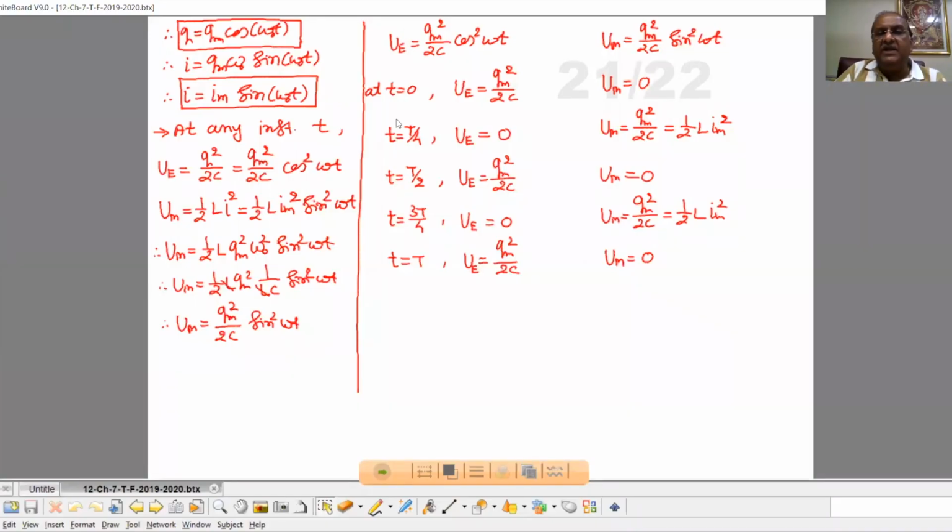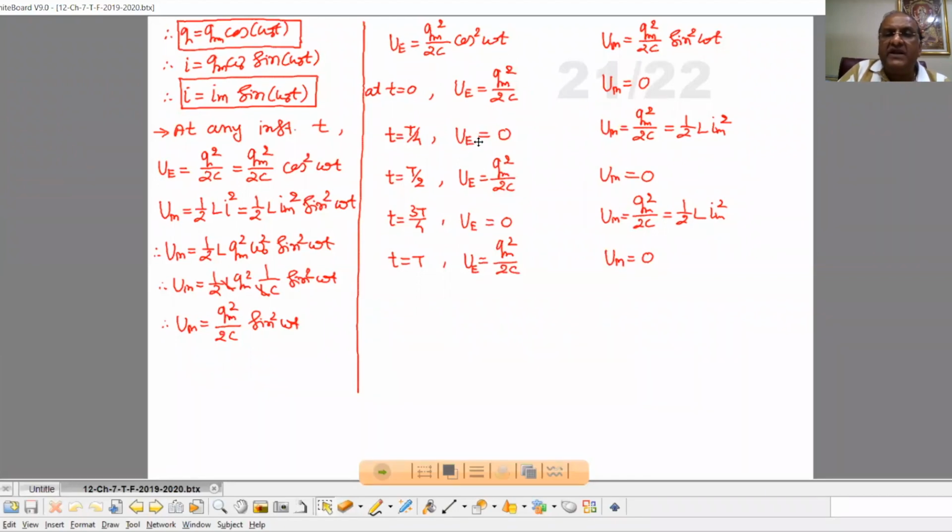So at time t equal to 0, the total energy is in the form of electric field, and the energy in the form of magnetic field, or magnetic energy, is 0. Then at time t equal to T by 4, if we take omega as 2 pi by T and substitute t equal to T by 4, then this turns to pi by 2.